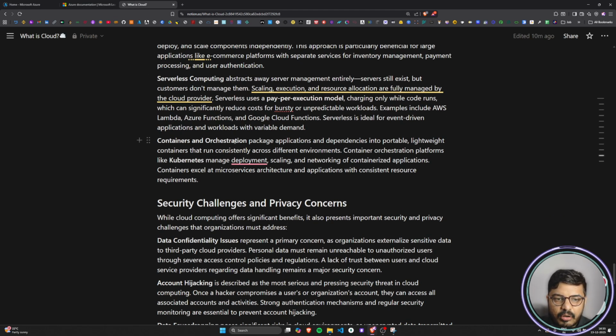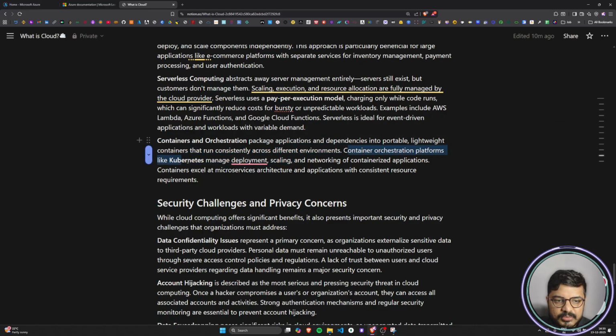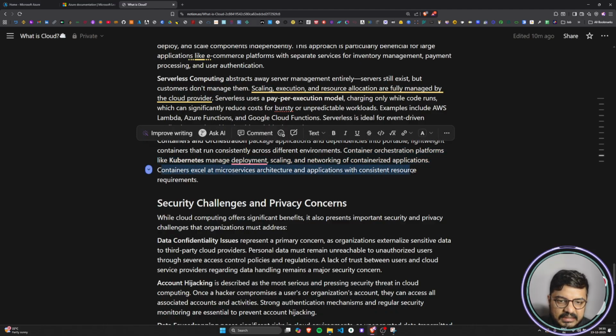Then containers and orchestration. Containers and orchestration package applications and dependencies into portable, lightweight containers that run consistently across different environments. Container orchestration platforms like Kubernetes manage deployment, scaling, and networking of containerized applications. Containers excel at microservice architecture and applications with consistent resource requirements.